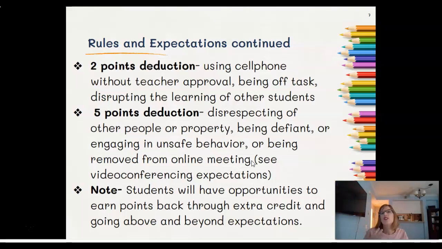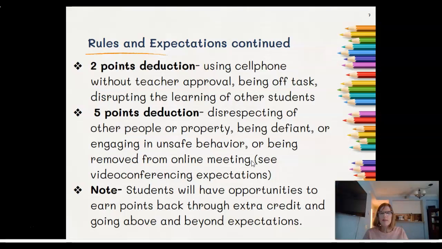And then it escalates to 5 points, which includes not following my video conferencing, my Zoom expectations. There is a link to that in the course policy, so that's a whole separate page. In that, I give students a gentle warning to make a better choice. After that, I exit them off the call and they lose 5 points.